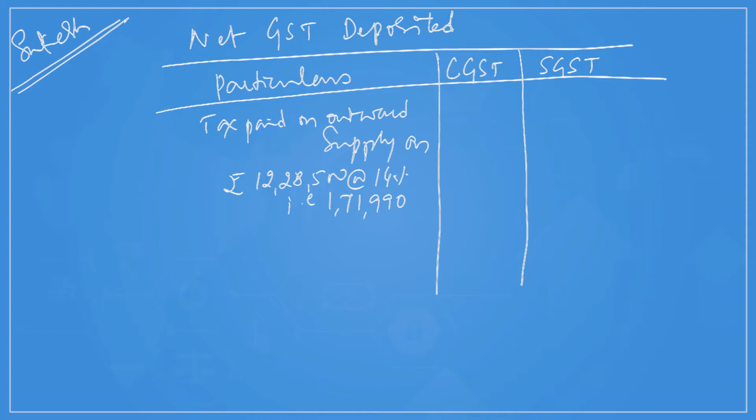For CGST, it will come around rupees 85,995. For SGST also it will come rupees 85,995.